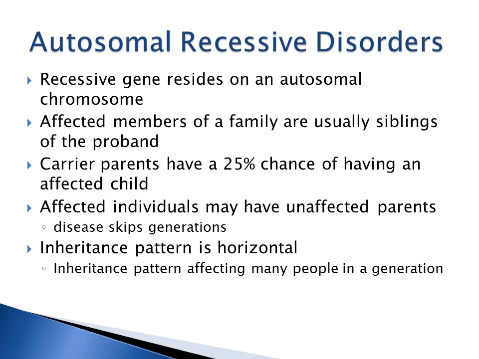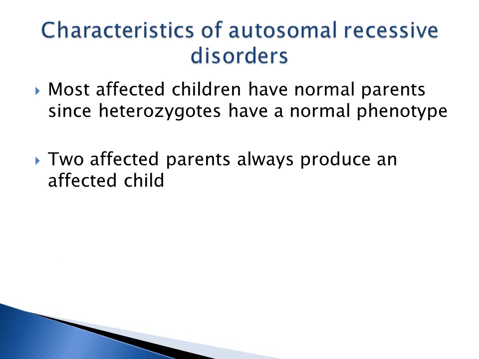That inheritance pattern is not vertical, it's horizontal. The inheritance pattern affects many people in a generation, but then can skip a generation. Some general characteristics: most affected children have normal parents, since the heterozygotes have a normal phenotype. Two affected parents will always produce an affected child.